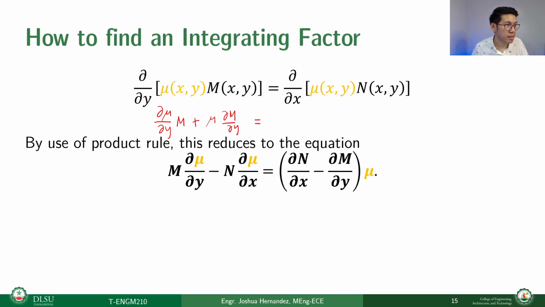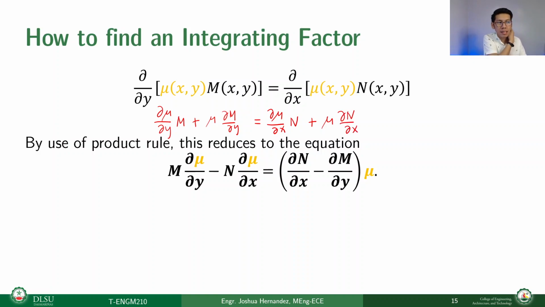And then equals, differentiating these two again, the first term first, partial derivative of mu with respect to x, copying the second, N, plus, copying the first term mu and then differentiating the second term with respect to x.